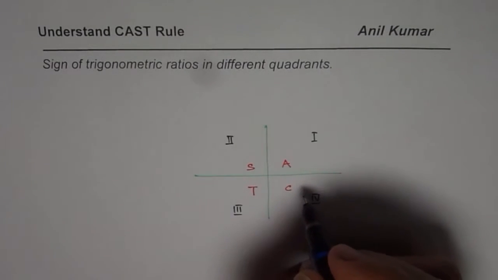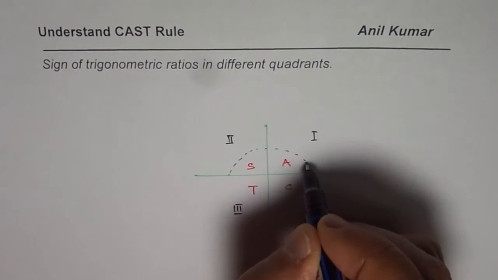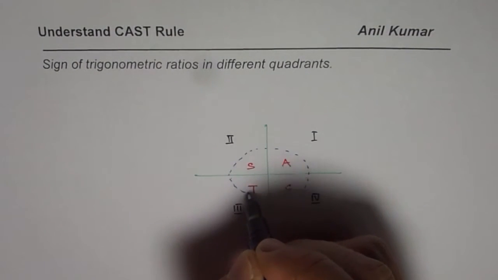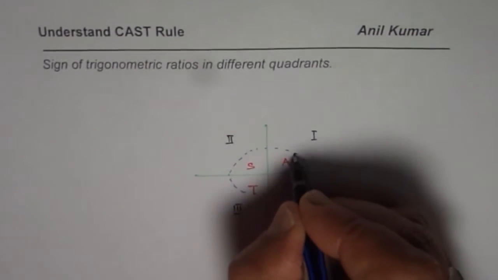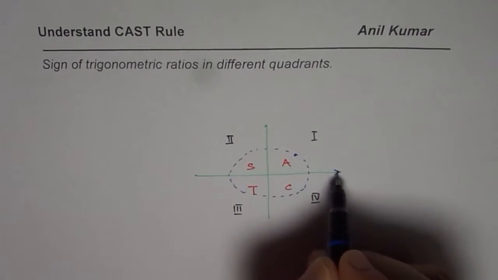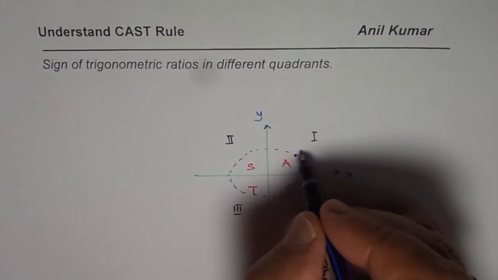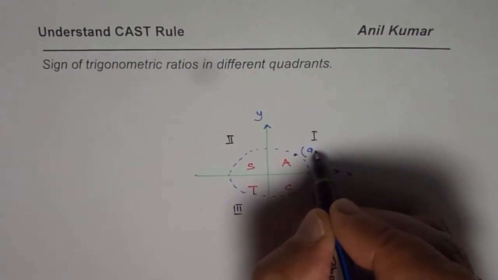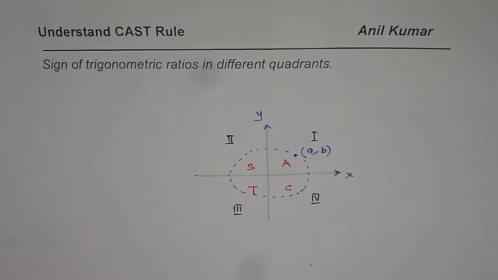So what we will do is consider a set of points in these quadrants and see why that is so. If I have a point in quadrant 1, you can see that the x value is positive and the y value is also positive, so we have a point (a, b), where a is the x value and b is the y value.